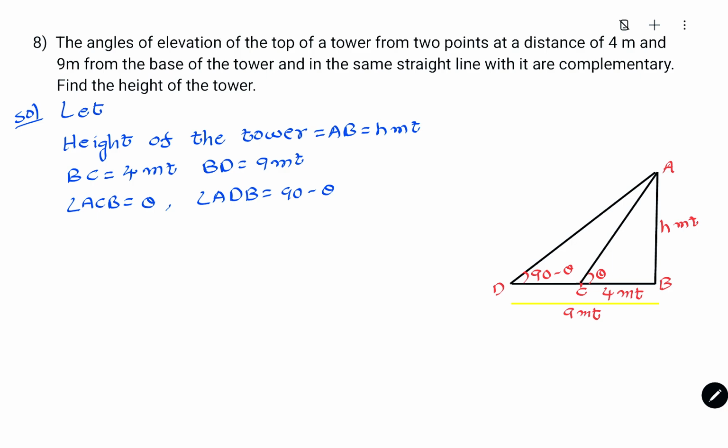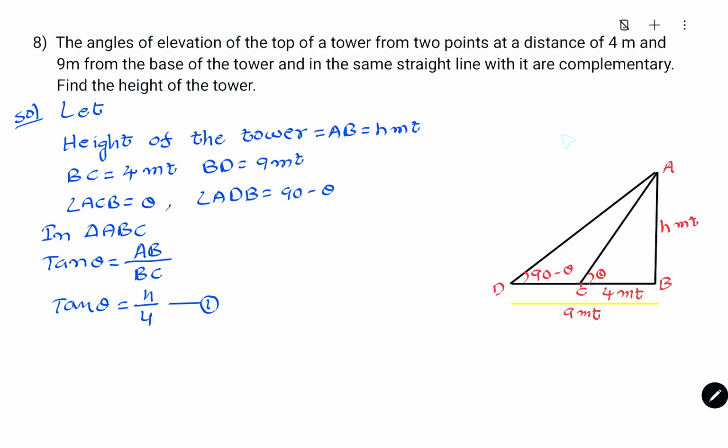In triangle ABC, for the angle theta we have the opposite side h meters and the adjacent side, so we take the tan ratio. Tan theta is equal to AB by BC, which is h by 4. This is equation number 1.